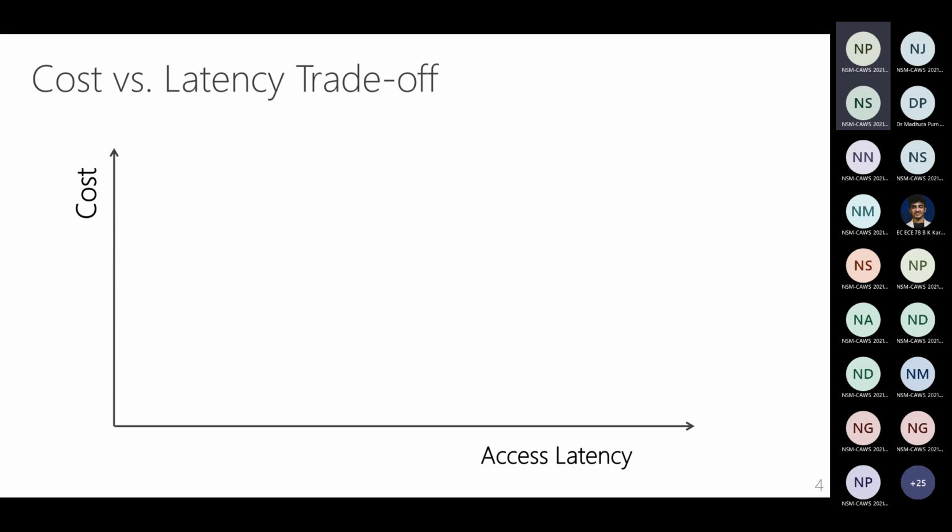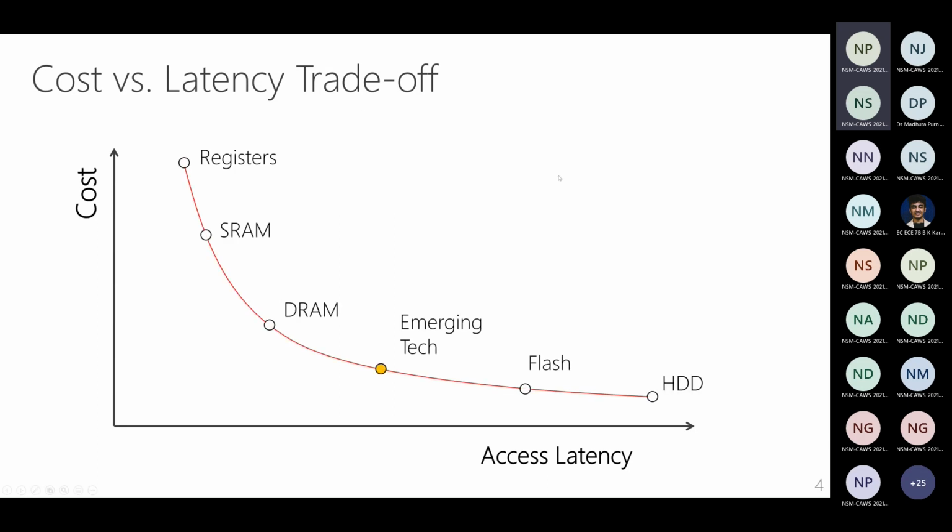If cost were not a parameter, then probably there would be many things that are possible in this world. So here, let's look at access latency versus cost, and see where the memory devices we listed in the previous interaction fall in this graph. So this is what it looks like.